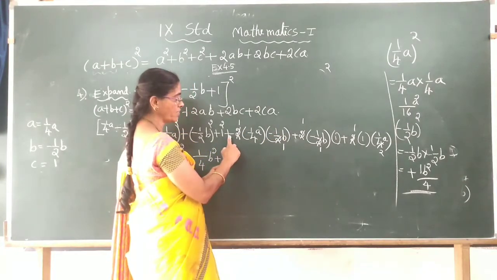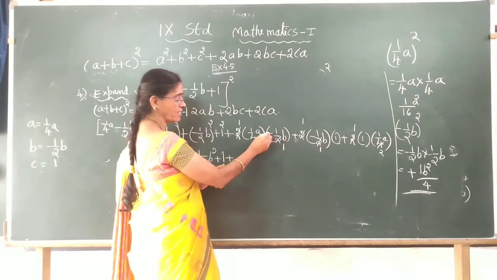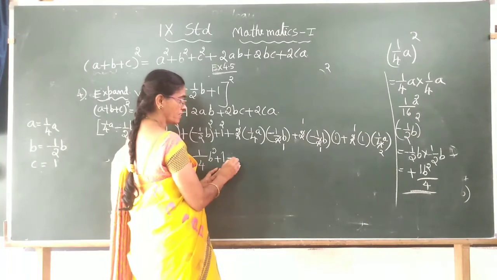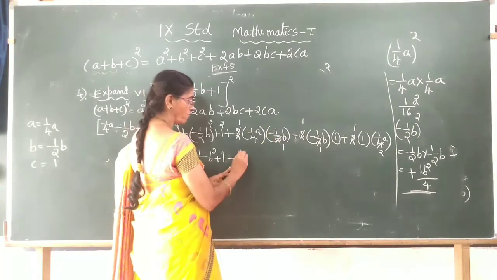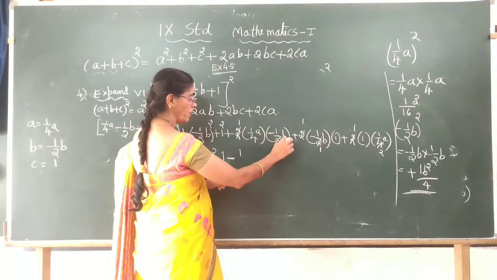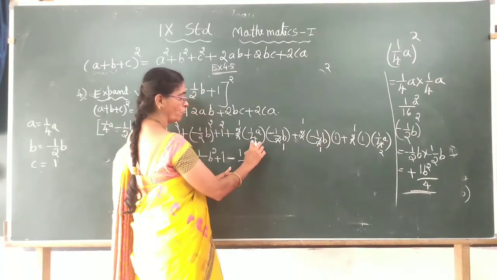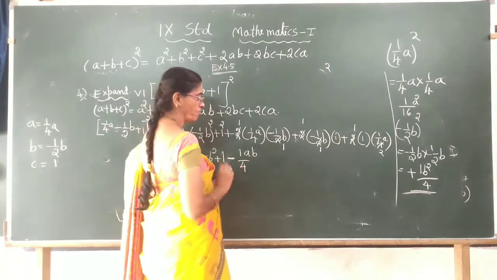Here it is plus, here it is minus, so the answer is minus: 1 into 1, 1, A into B, AB, and the denominator is 4 into 1, 4.